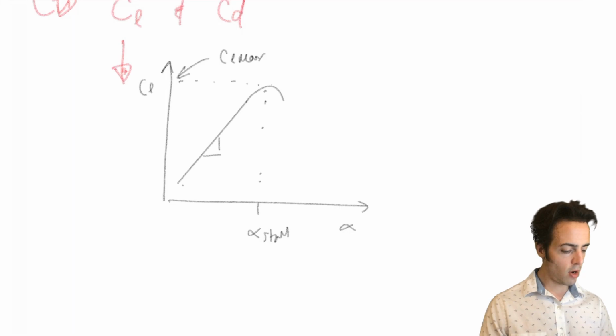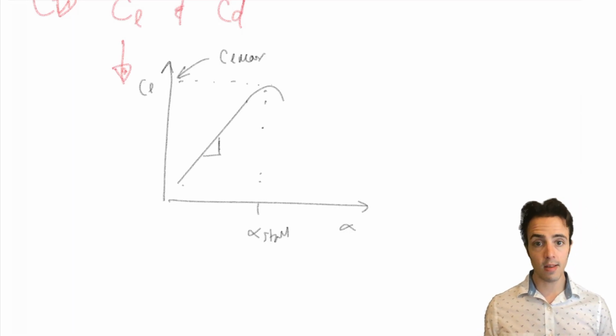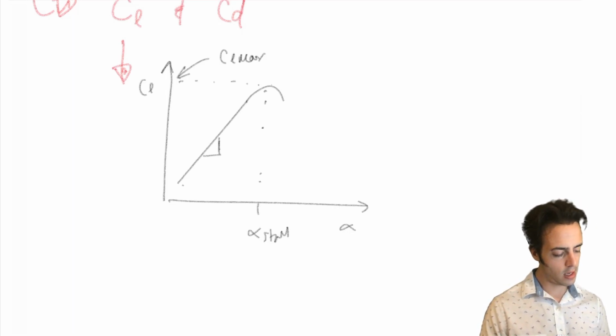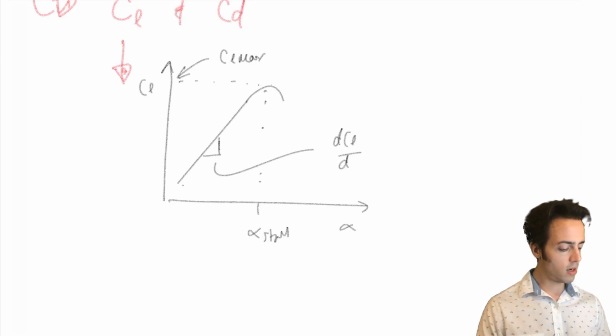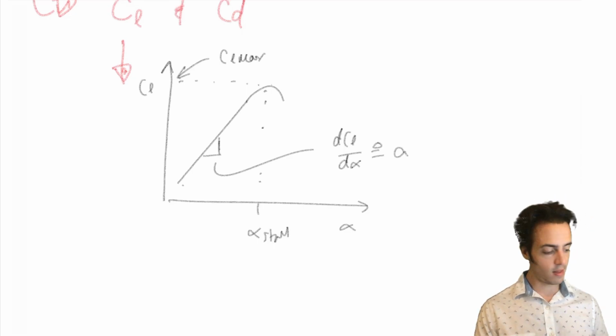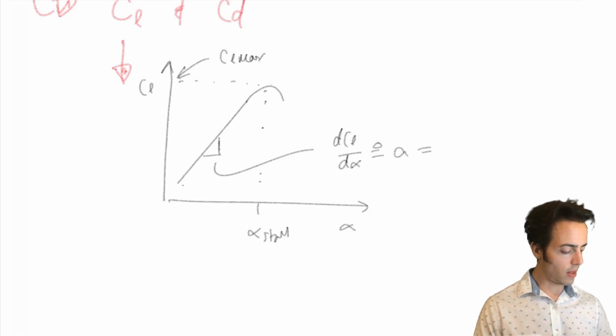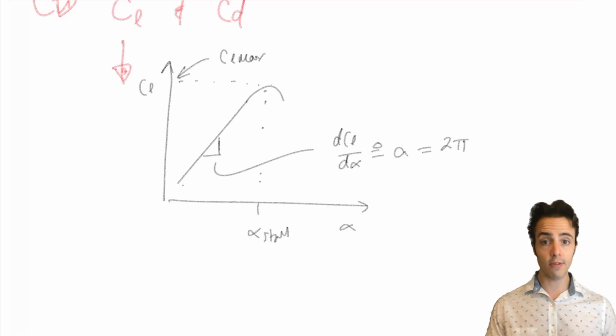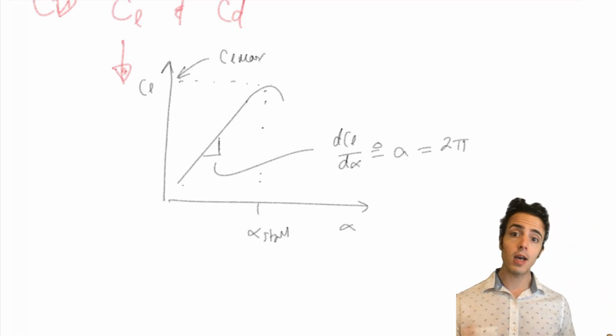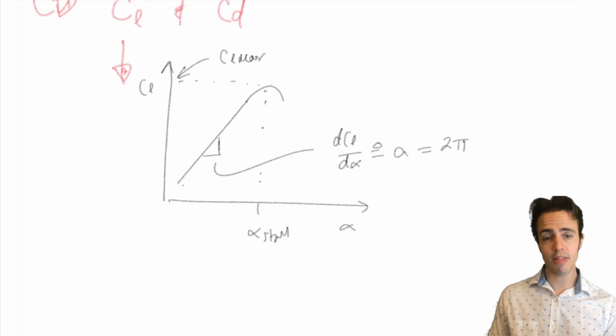We know that the slope of this is going to be around 2 pi. dCl/d alpha is defined as A, the lift curve slope, and for a purely two-dimensional flow that's going to be 2 pi, and we get that from thin airfoil theory.